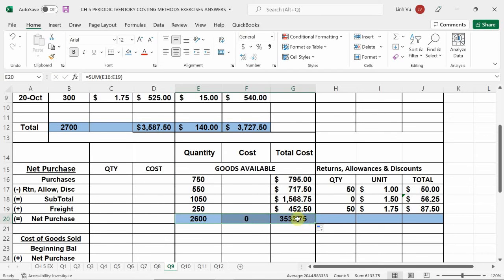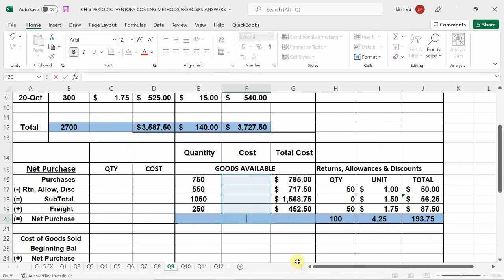Good. And what was my grand total returns? It was 100 pieces at a grand total refund of $193.75. Excellent. Okay, so good. So there we go. We have these numbers. So let's go ahead and plug it into my left side here.